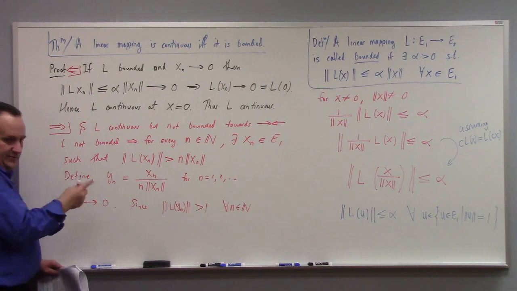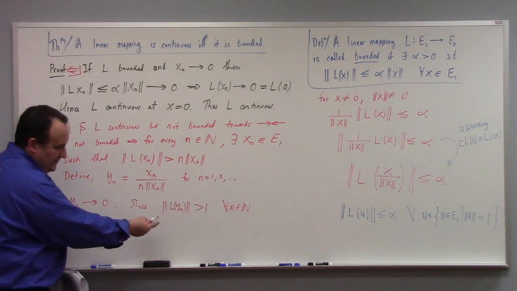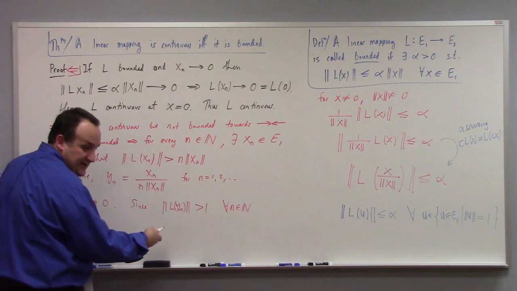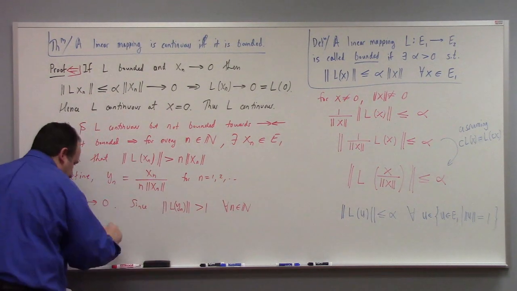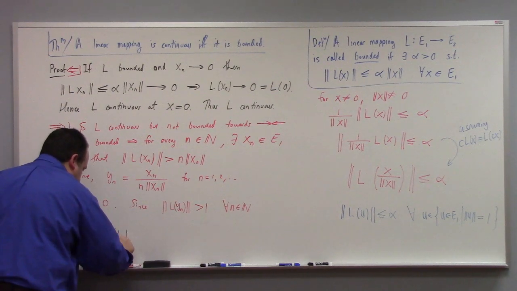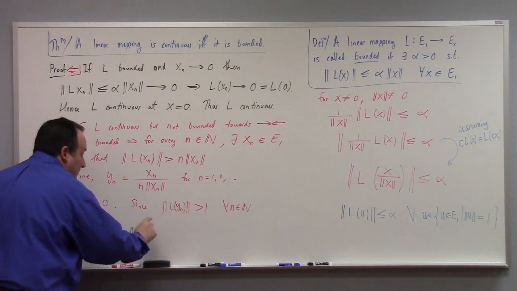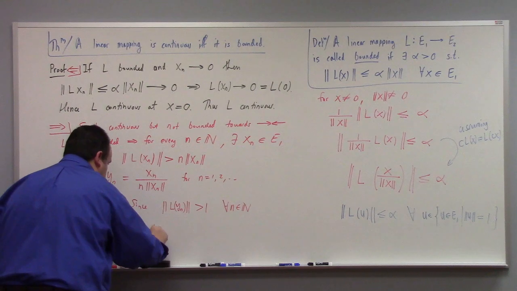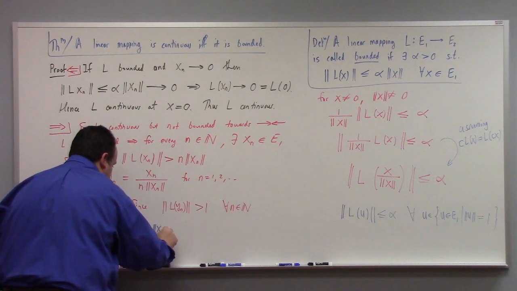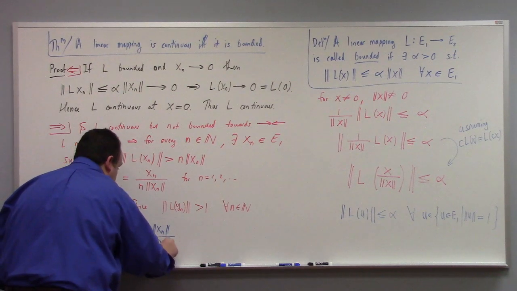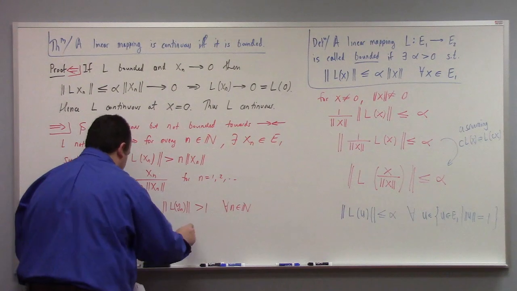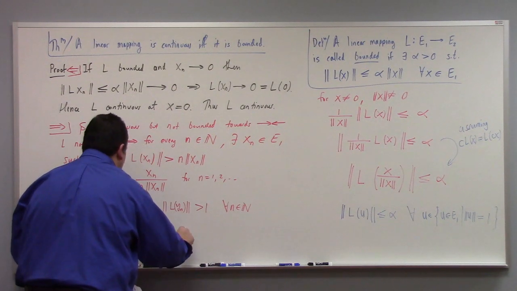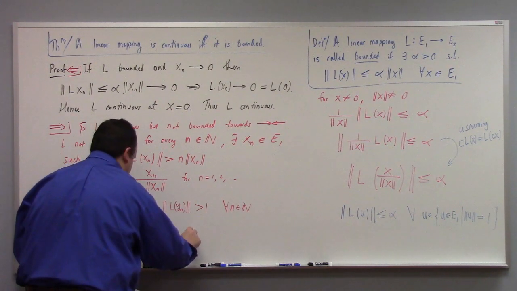So yn goes to 0, but that's a problem, see, because, and I haven't shown the details here, right? But if you feed this, L of yn is what? It's the norm of xn over the norm of xn, right? There's an n in there, yeah? And then you've got L of xn, yeah?